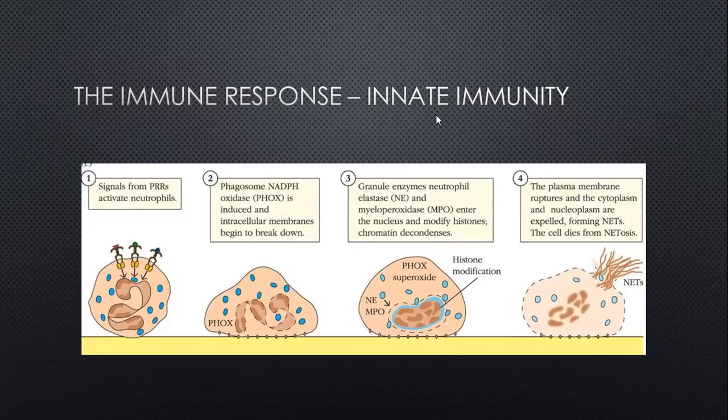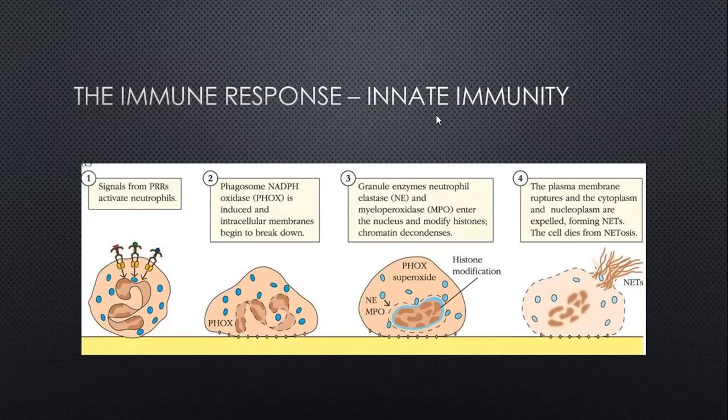These toll-like receptors, I think they have been described about 11 toll-like receptors, and each one can identify a certain pathogen or a specific molecule that is common to a certain group of pathogens.